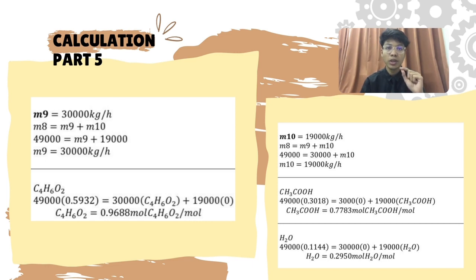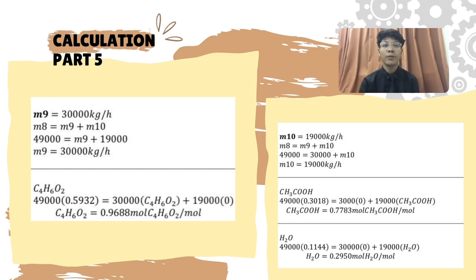So 49,000 multiplied by 0.5932 equals 30,000 multiplied by x plus 19,000 multiplied by 0. After we calculate, we will get 0.9688.